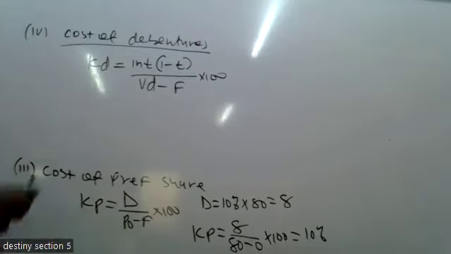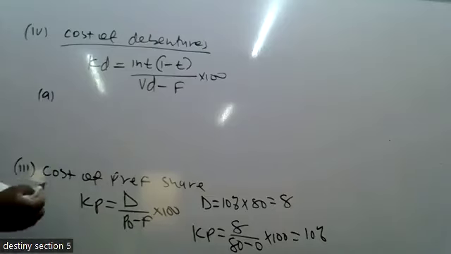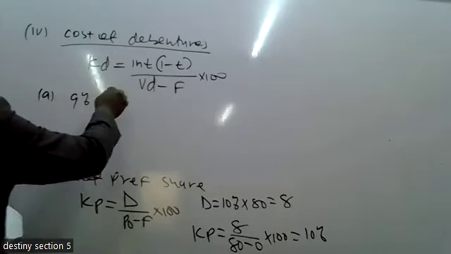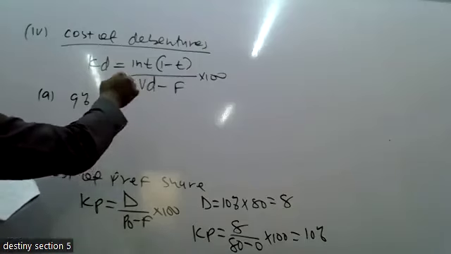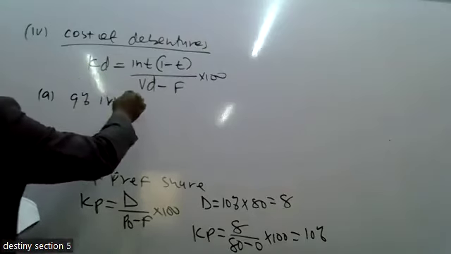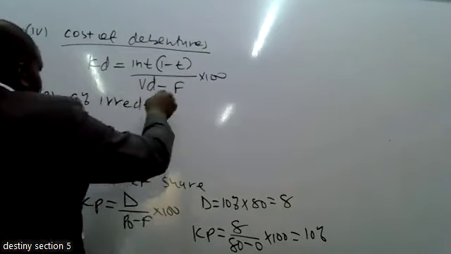So there are 2 of them. We start with A, the 9% irredeemable debenture.